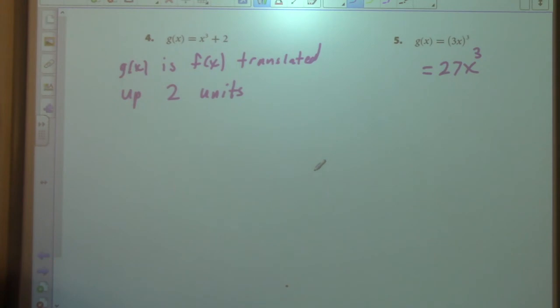So this one here, we have Noah. So what do we have for number 5?